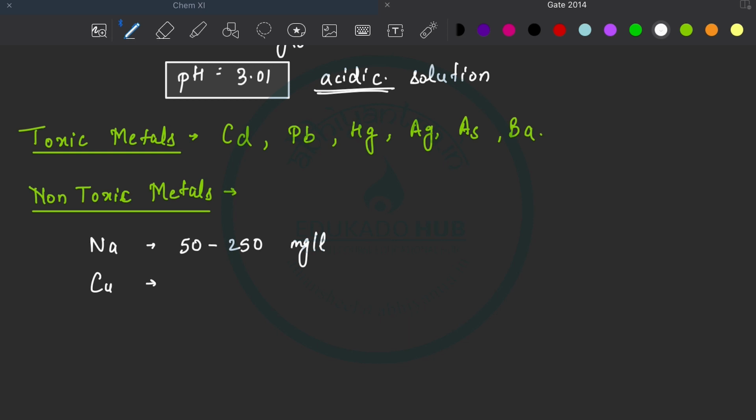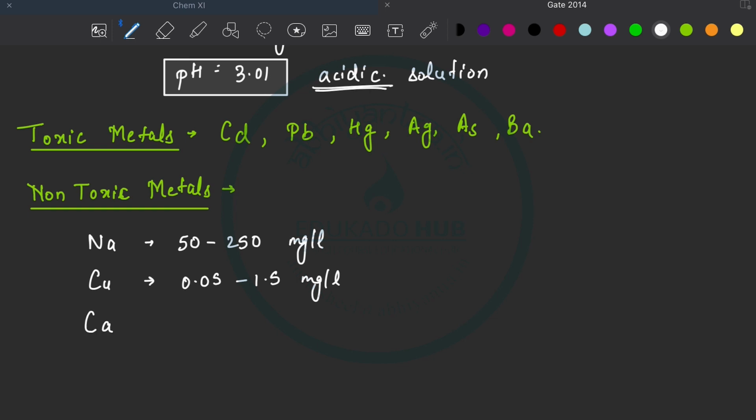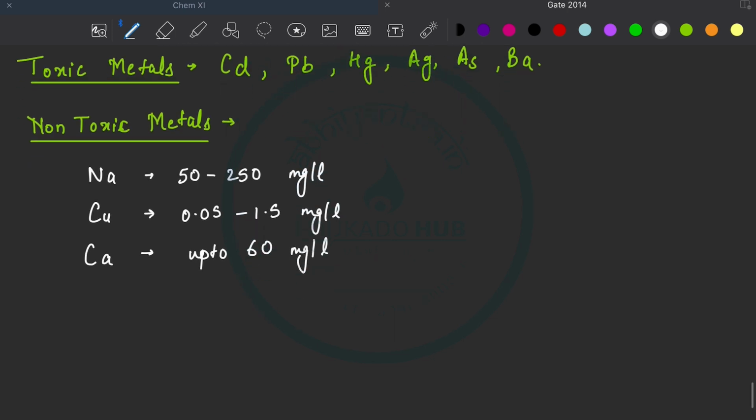Copper is also permissible, it is also non-toxic, so 0.05 to 1.5 milligram per liter. Calcium, Ca, is also non-toxic, and up to 60 milligram per liter is permissible. Zinc is also okay, it is also non-toxic and 5 to 15 milligram per liter is good.